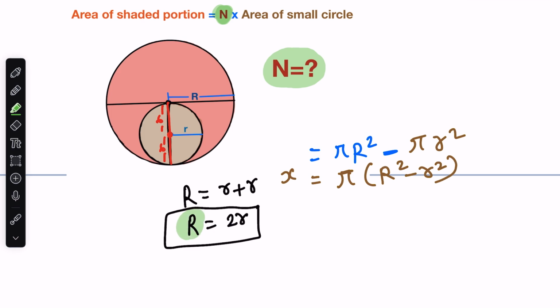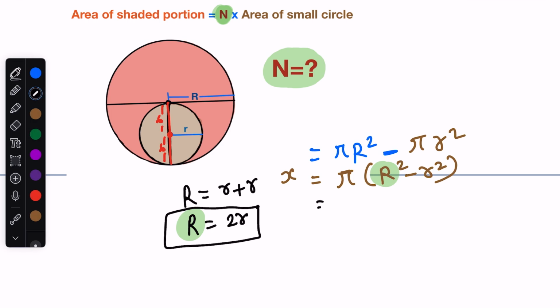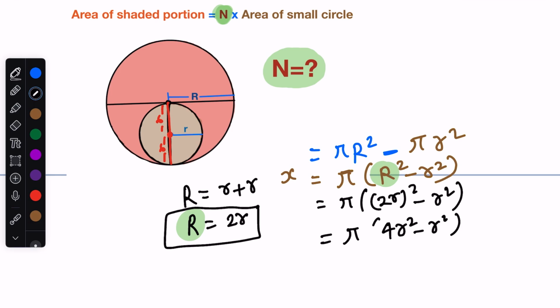So using the value of capital R here, what will we get? We will get pi, this is 2r square minus r square, so this will be 4r square minus small r square, this will be pi 3r square.